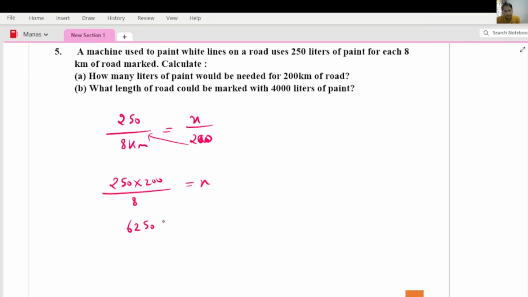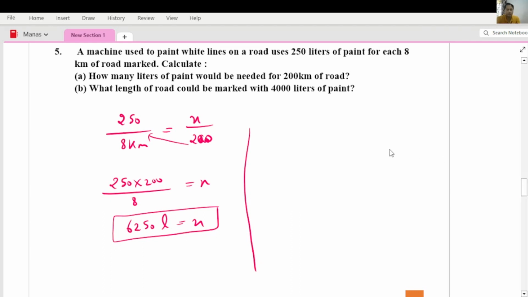So 6250 liters of paint will be required for 200 kilometers of road, right? Now what is the length of the road that could be marked with 4000 liters of paint? You know there is a relation given that 250 liters of paint is required for 8 kilometers of road, right? So 4000 liters of paint will cover how many kilometers?